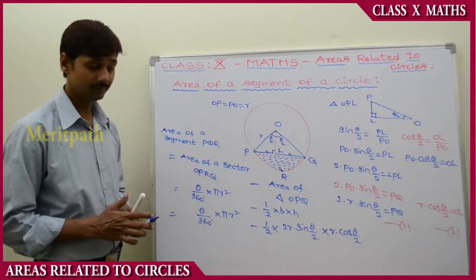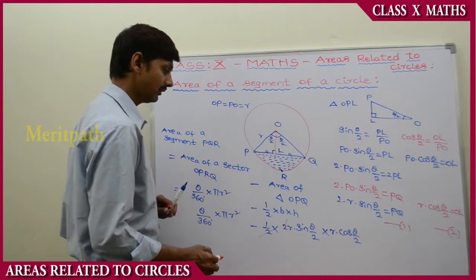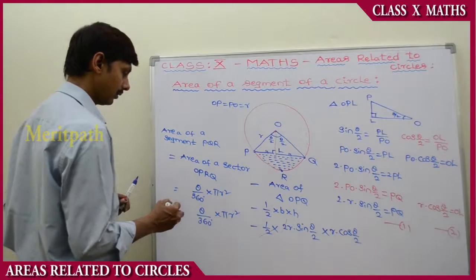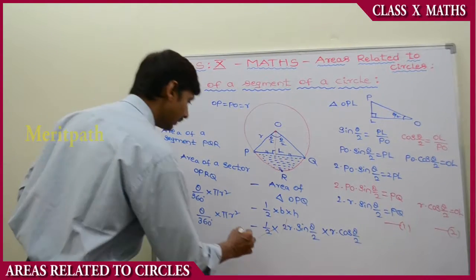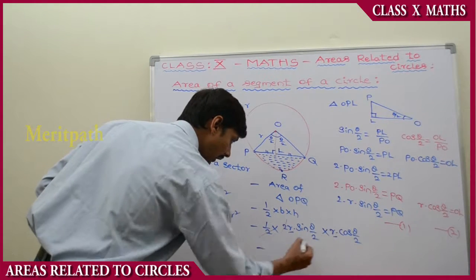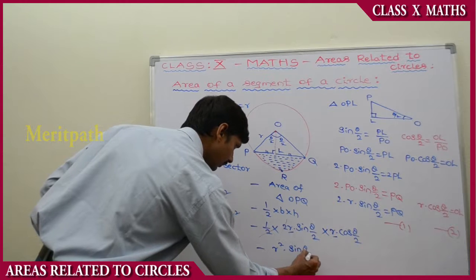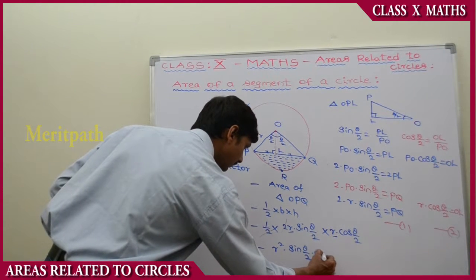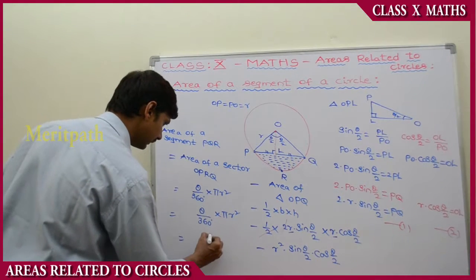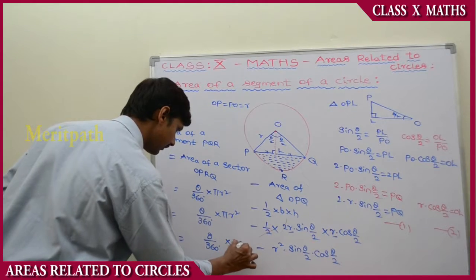From this we can observe there is a 2. Let us cancel 2 in this. After cancellation, we can simplify this part, that is R into R, R square into sin theta by 2 into cos theta by 2. This side we got theta by 360 degrees into pi r square.